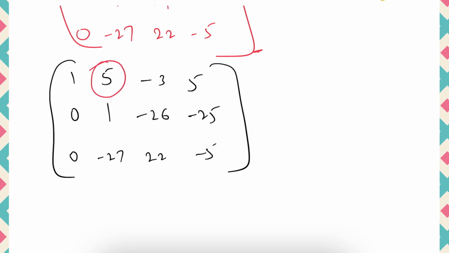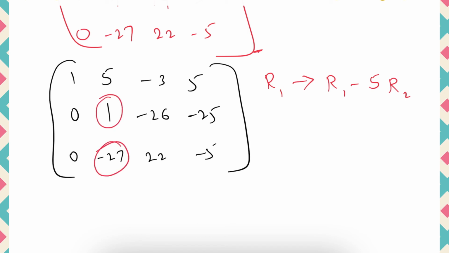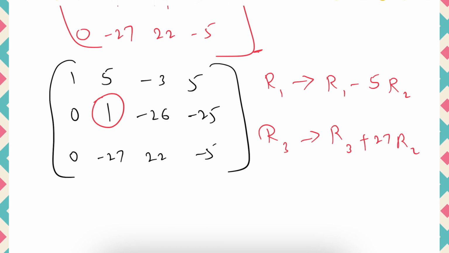So to make that 0, what I will do is R1 I will change to R1 minus 5R2, so that this will become 5 times 1, 5 ones are 5, 5 minus 5 will become 0. Okay, this one. And next, these two, if we observe, R3 I need to change, right, because there 1 is compulsory. Okay, this should be 0 actually. So for that R3, what I will do is R3 plus 27 times R2. Okay, done.